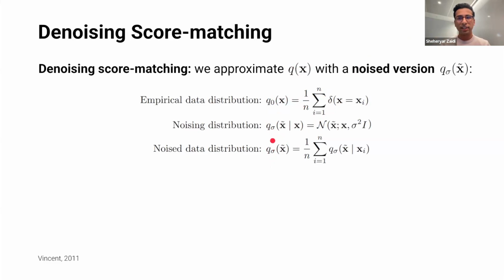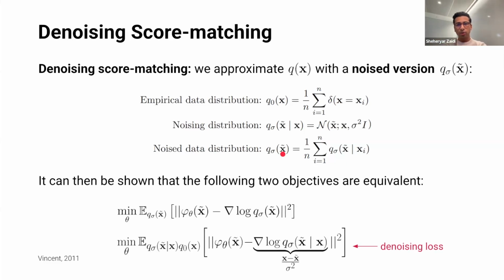The noising distribution is a conditional distribution that, given an example x, produces x tilde by adding noise to x, so it's just a Gaussian centered at x. And the noised data distribution is a marginal of the noising distribution. So sampling from it just means you pick a random data point and add a certain amount of noise to it. Okay, so that's what it is.